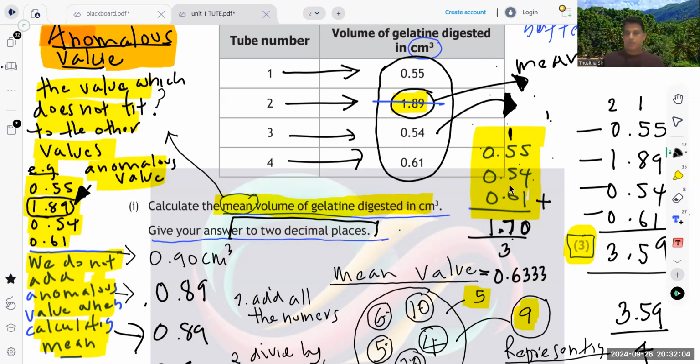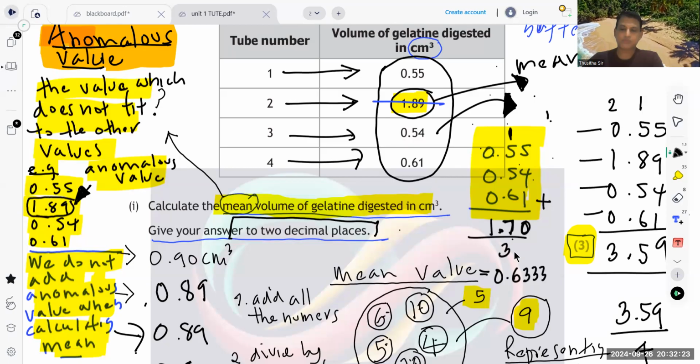So divide by 3. So others, can you please calculate what is the new value now? Add all the numbers, divide by 3.